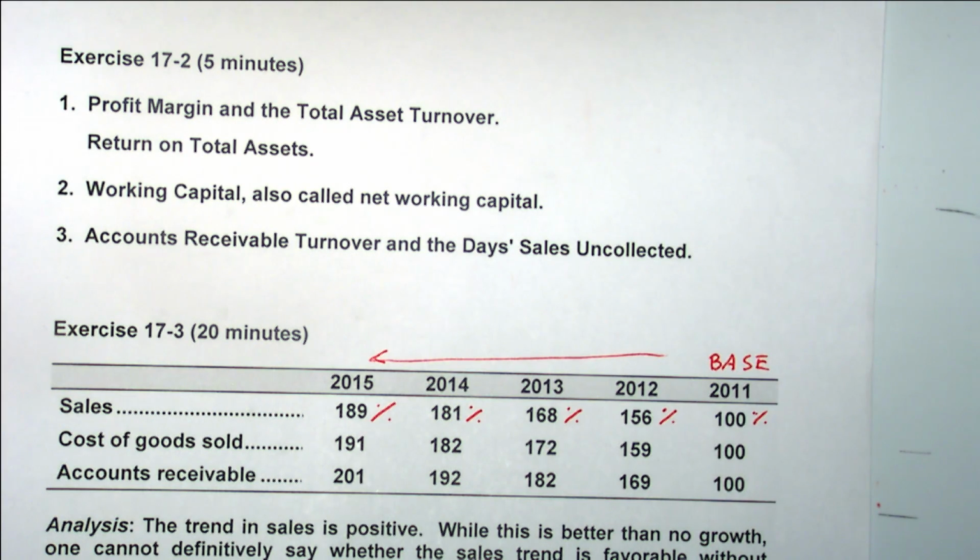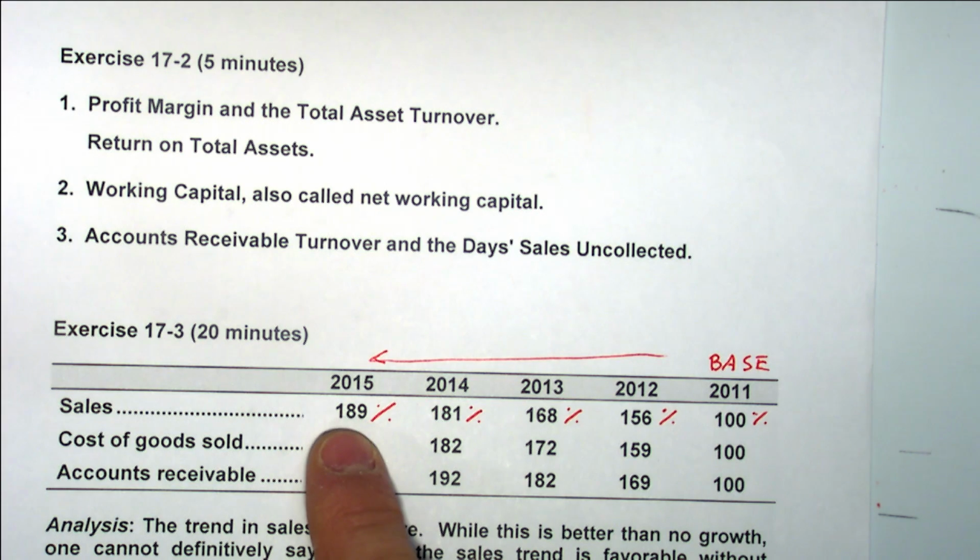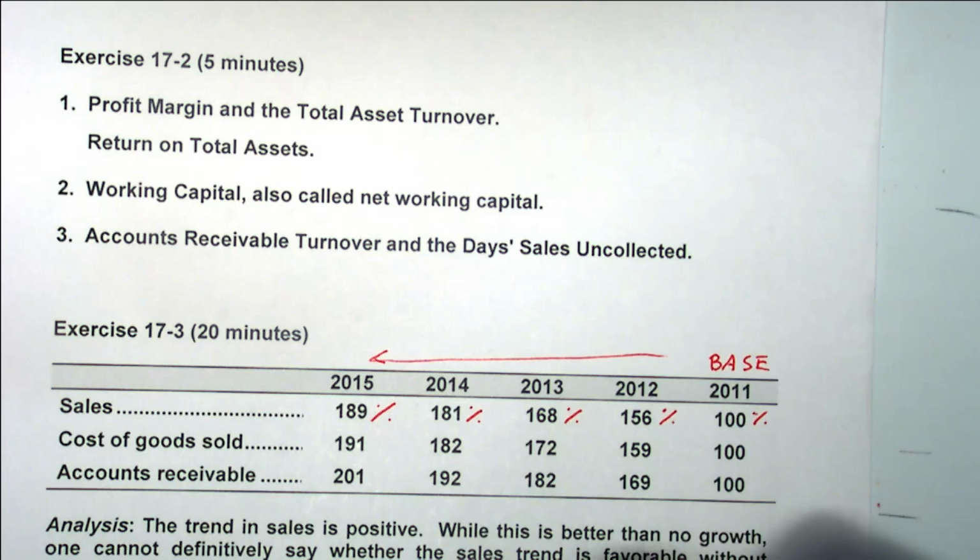You see what I'm saying? So you can't just say increase, that's good. If our competitors' rate of growth is a lot more than ours, then I'm glad we grew, but we're lagging behind our competitors. So you have to compare it with something else, okay?